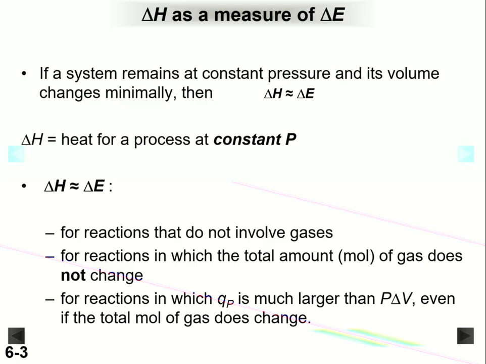They are different quantities, but their magnitudes can be approximately equal, and their units and their numerical values can be approximately equal as well. So we know enthalpy is heat at constant pressure, but for many chemical processes, enthalpy and internal energy are very close to one another.